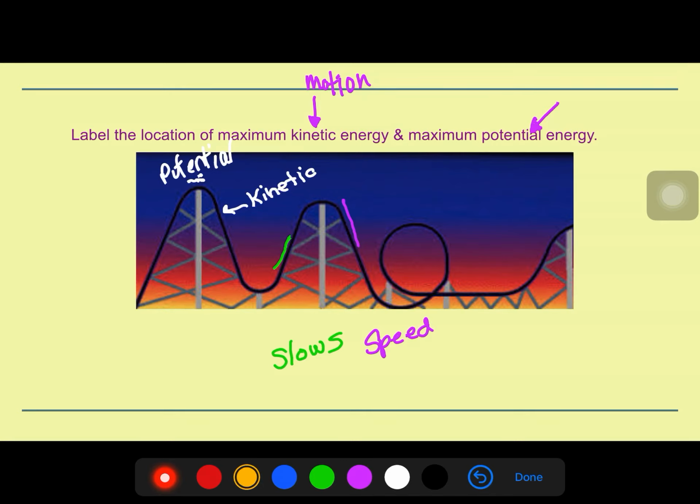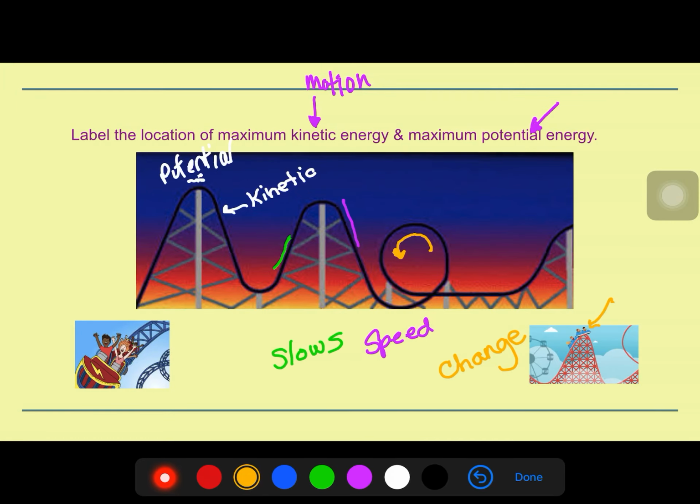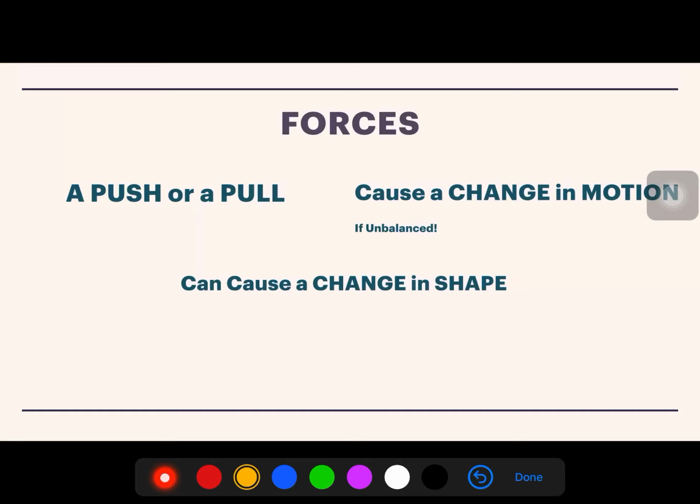And where does it turn? Yeah, that's a really good example of an acceleration right in here, as it's changing direction, it goes upside down. So it changes your direction. There's your kinetic or moving energy again down the hill, and the stored or potential energy would be right there, that moment at the very top.